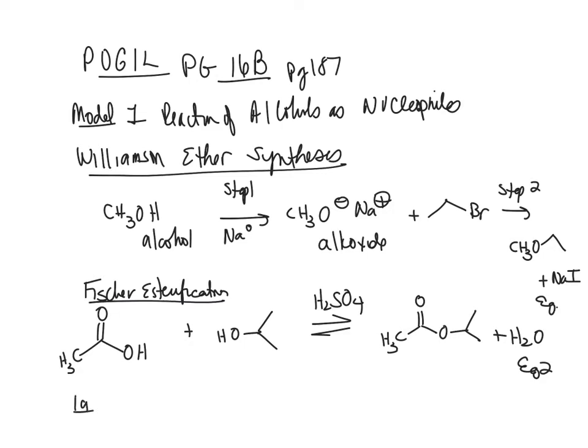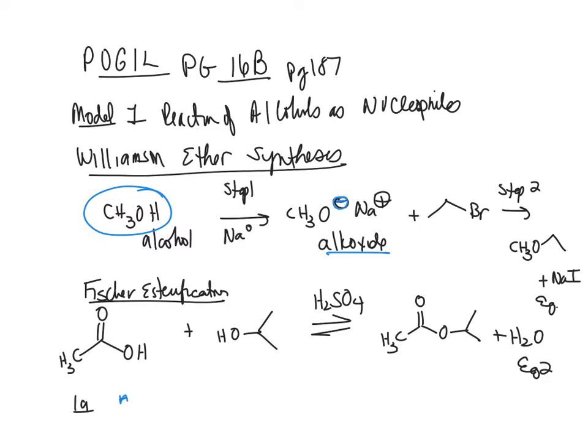Okay, let's answer question number 1. In the Williamson ether synthesis, Model 1, circle the alcohol. Okay, so here's your alcohol. In step 1, the alcohol is converted to an alkoxide. What is the charge on the oxygen of the alkoxide? You see that?